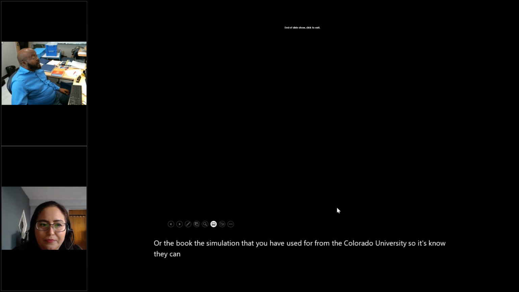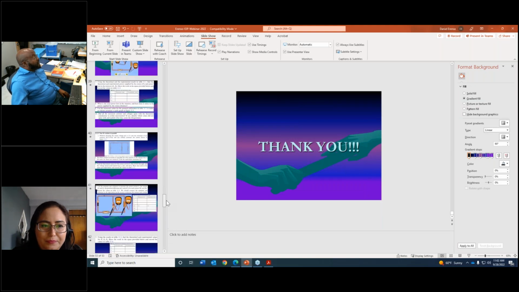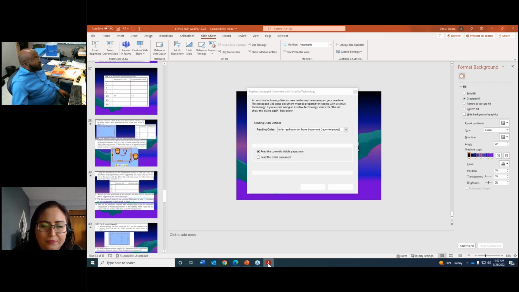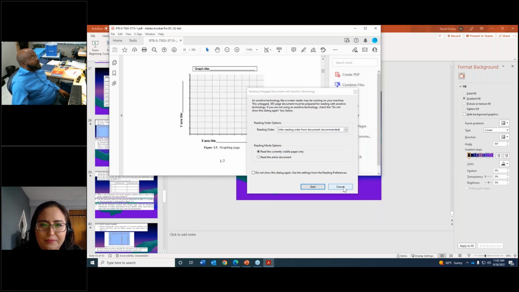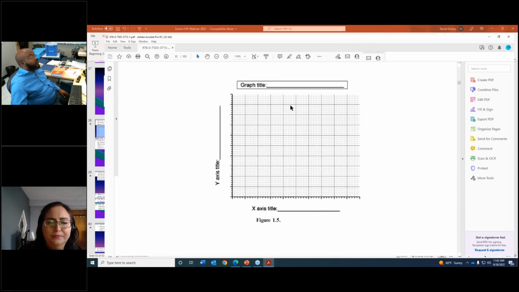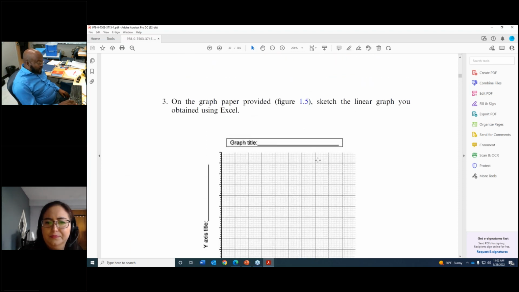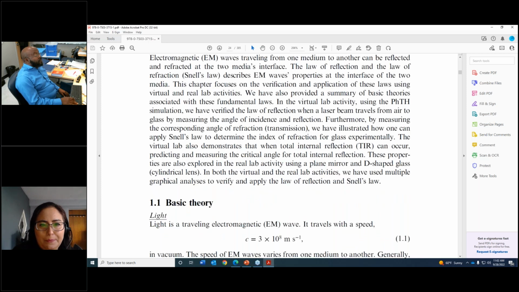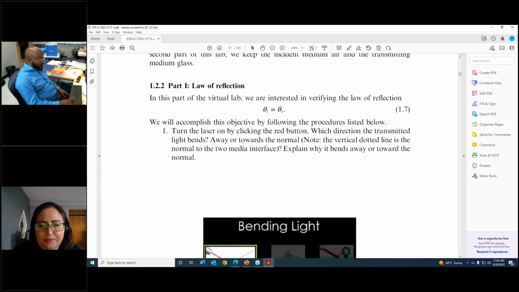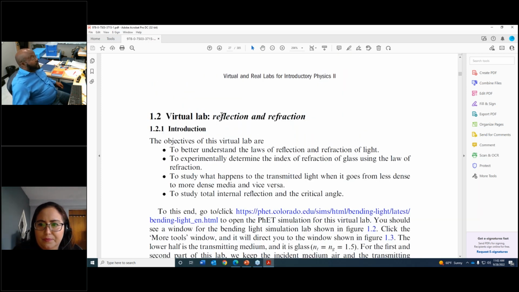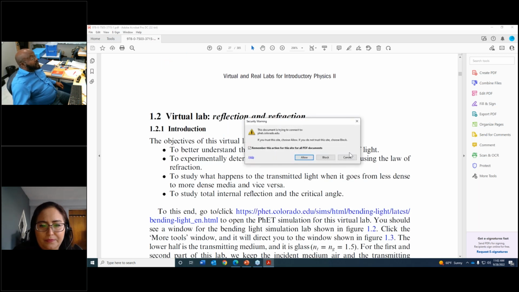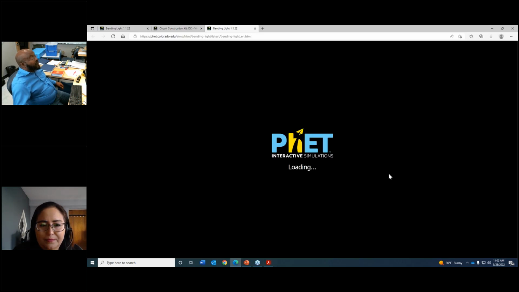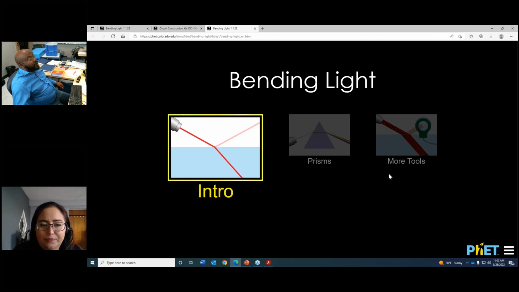If I go back here, in the book, so let me open the book. This is the ebook. In each chapter, when it comes to the virtual lab, there is a link that takes them to that site, if they have a copy of the book.